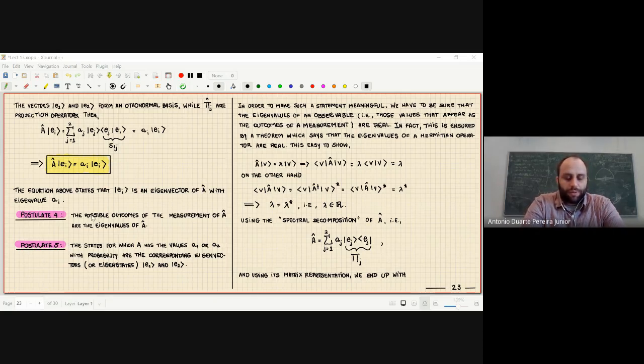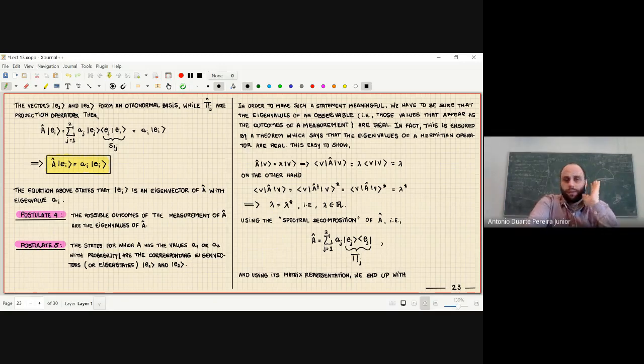The first postulate: the possible outcomes of the measurement of an observable A hat are the eigenvalues of A. And postulate 5 says that the states for which A has the values a_1 or a_2 with probability 1 are the corresponding eigenvectors or eigenstates e_1 and e_2. Okay?